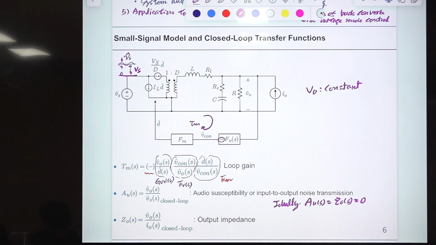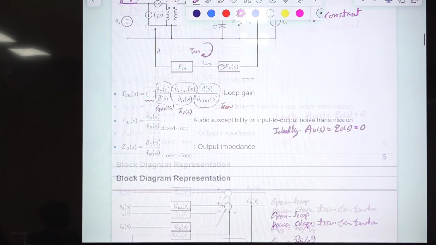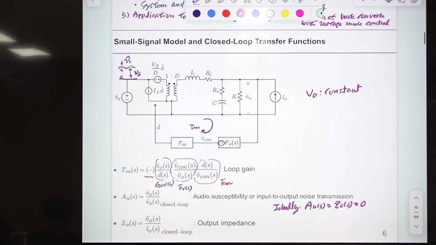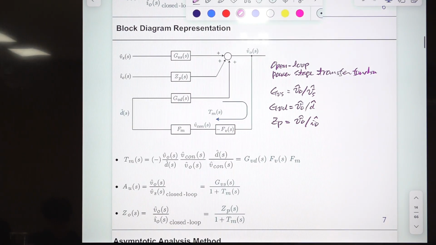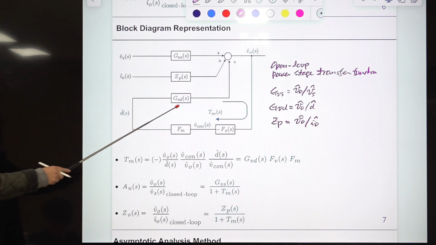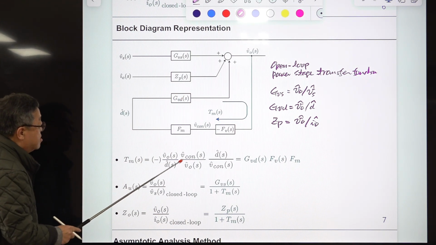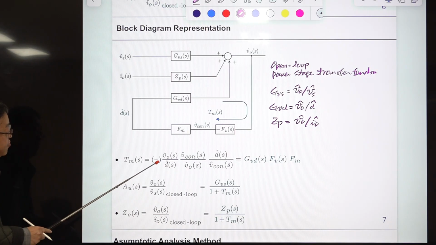Okay, so let me switch to the block diagram representation of this converter model. So this one and this one are the same thing. Loop gain is defined here as the gain product of this, and the minus sign in front of it.